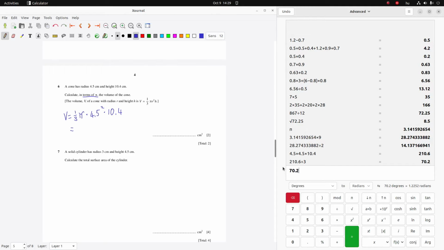That gives 70.2. Don't forget that I did not plug in a value for pi yet. So the answer is 70.2 pi.